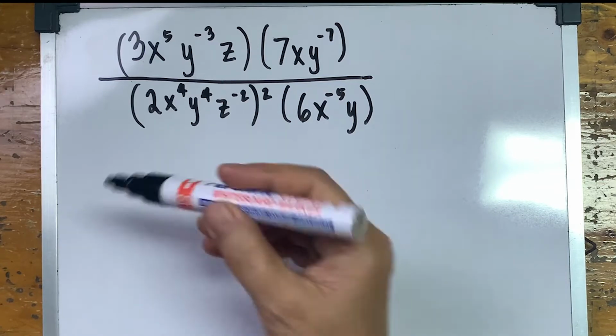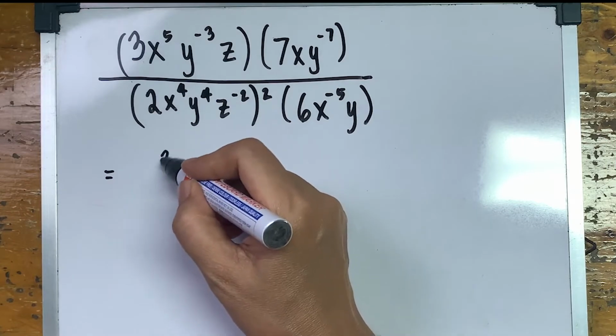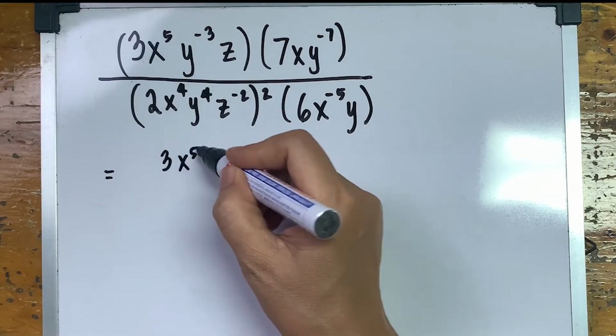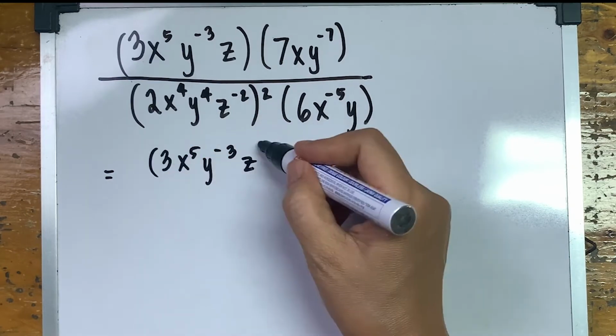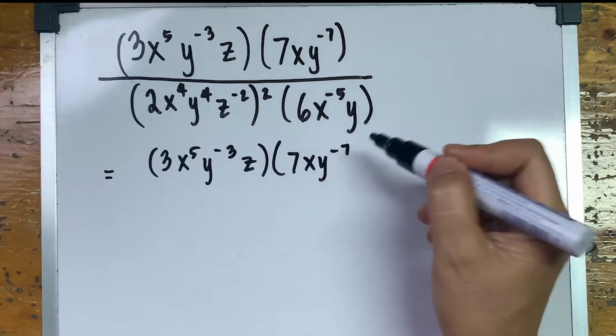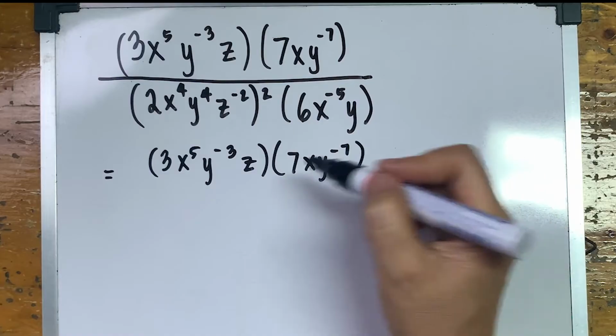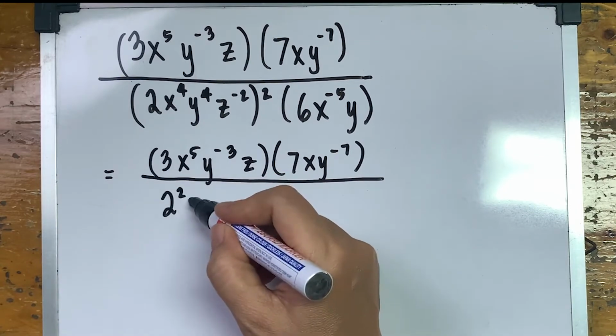Okay, so it will be 3x to the fifth y to the negative 3 z times 7x y to the negative 7, all over 2 raised to 2.